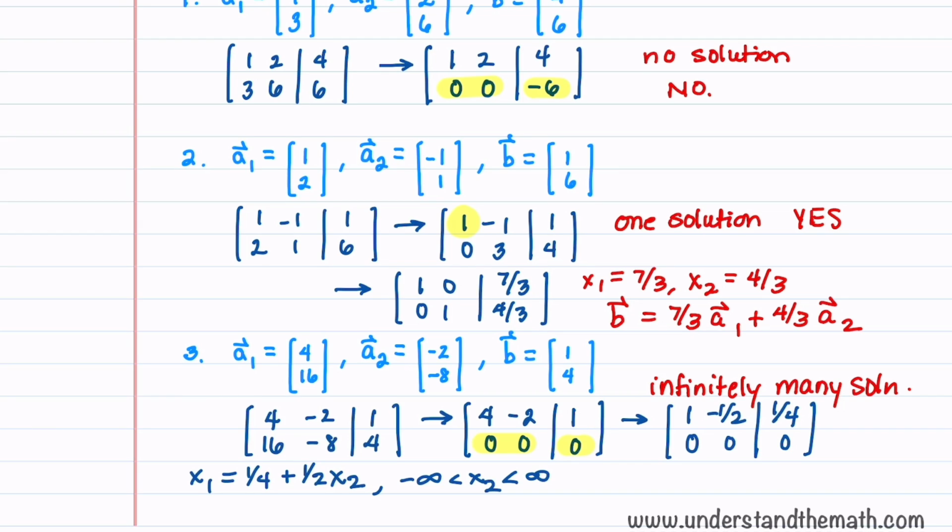If we pick x2 to be equal to 1, we would get the solution 3/4, 1, which would tell us that B is equal to 3/4 A1 plus A2. Since we have infinitely many solutions, we'll have infinitely many ways that we can write B as a linear combination of A1 and A2.